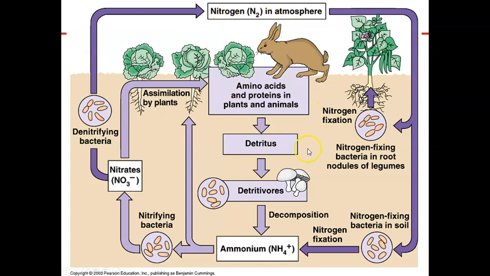So this is just a figure that I found. It's a Pearson figure, which, sorry, but it's a good figure, so I like it. So this is showing nitrogen in the air. It's taken in by nitrogen-fixing bacteria like Rhizobium. Rhizobium lives in little nodules inside of the legumes.